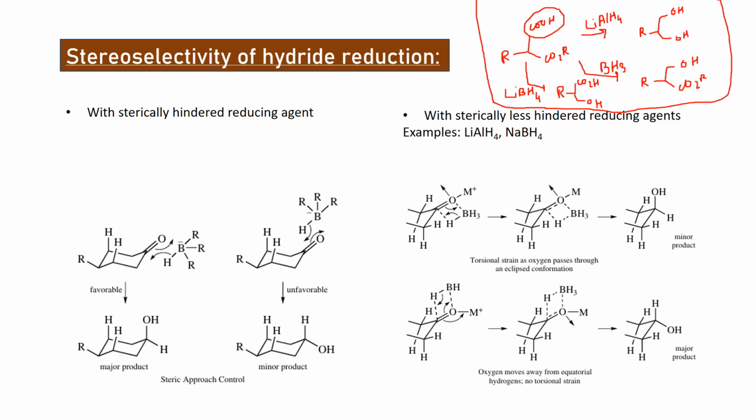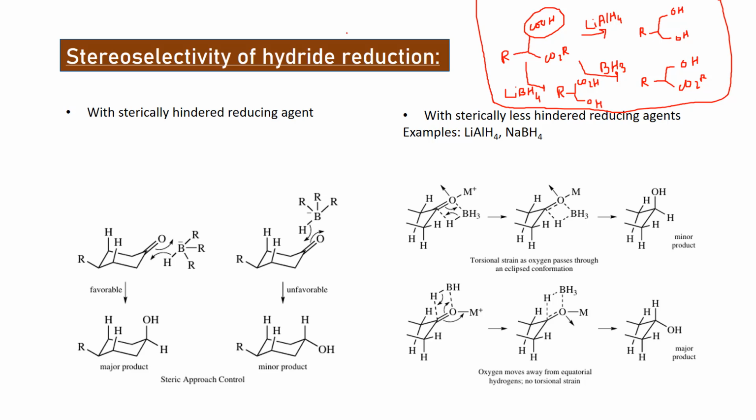Okay, so this is a small recap of how we can selectively use these hydride donor reagents for reducing different carbonyl groups. Now, how can we control the stereoselectivity of the product by using the hydride donor? Just by using different hydride donors, we can control the stereoselectivity of the reaction, like what product we will get if we are generating a chiral center.